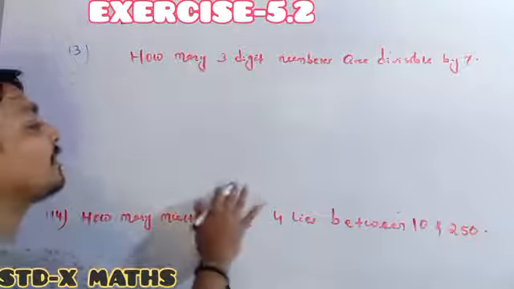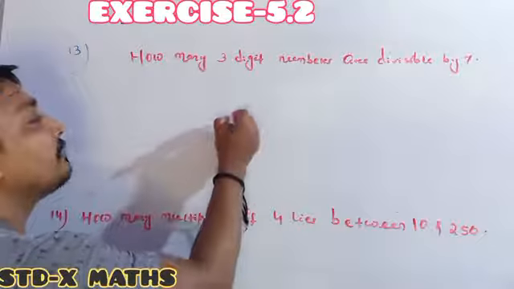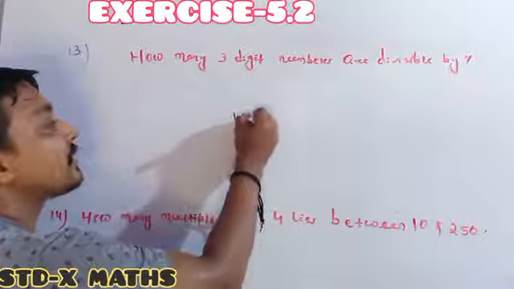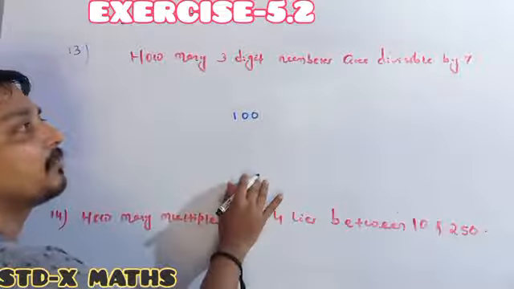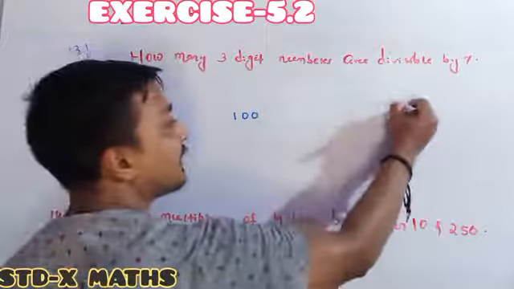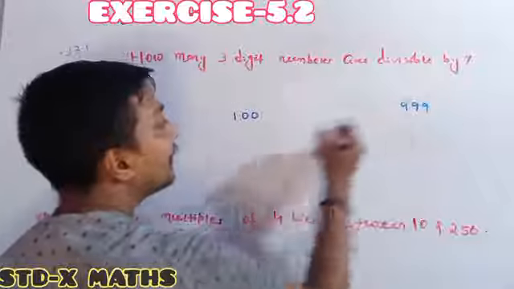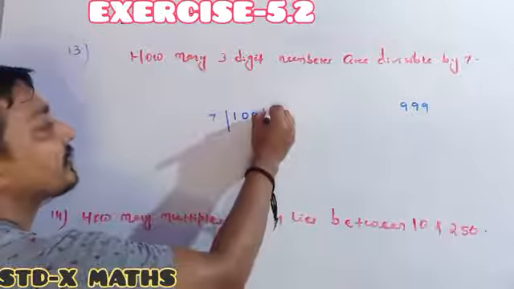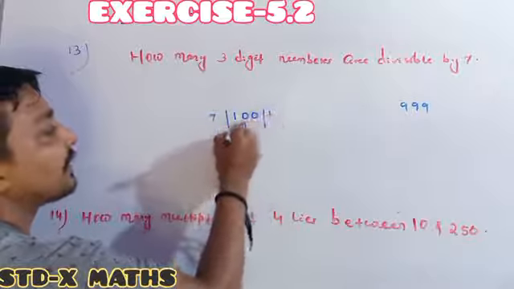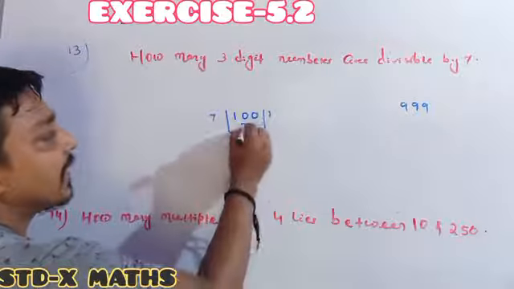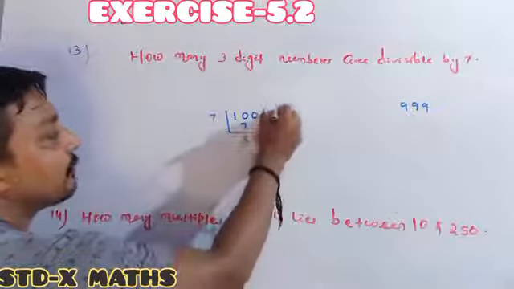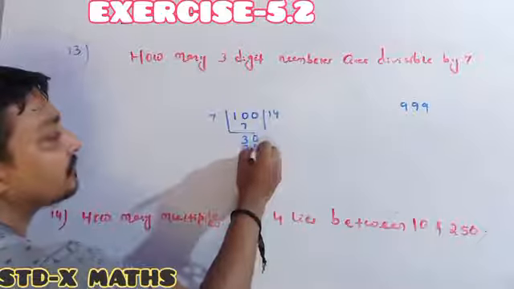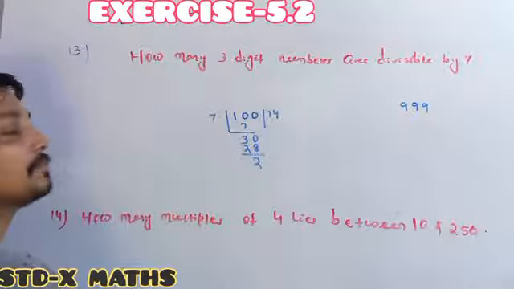See the trick, how to find the smallest 3-digit number divisible by 7. First we write down the smallest 3-digit number, 100, and next the greatest 3-digit number. Divide 100 by 7: 7 1s are 7, here it is 3 and 30, 7 4s are 28, here 2 is left.